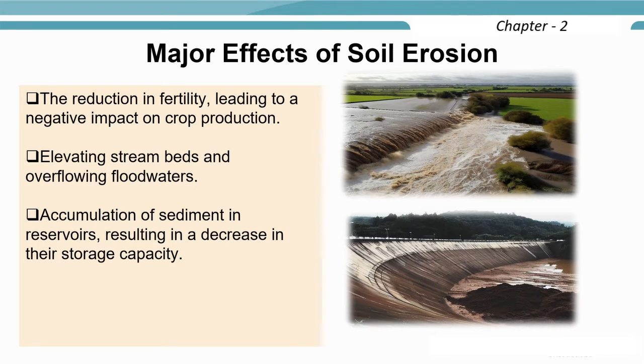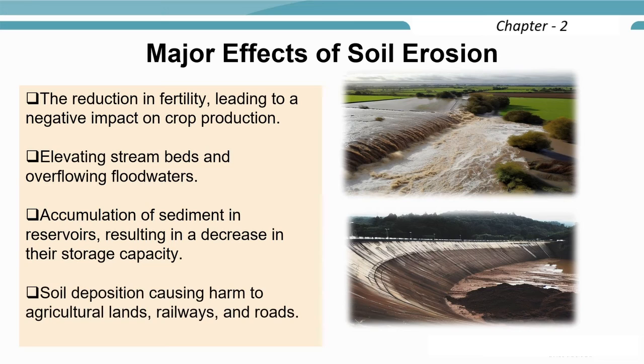Accumulation of sediment in the reservoirs will result in decreased storage capacity. Soil deposition will cause harm to the agricultural lands, railways and roads also. So these are some of the major effects of soil erosion.